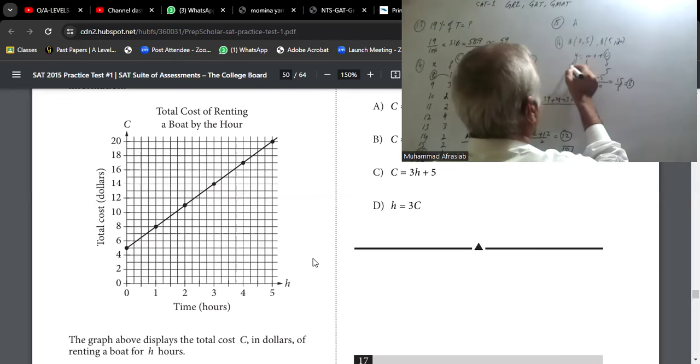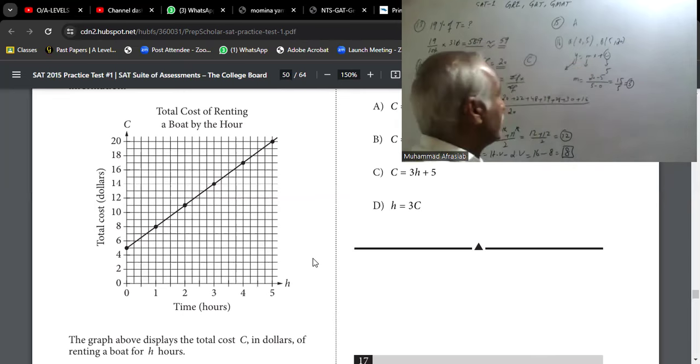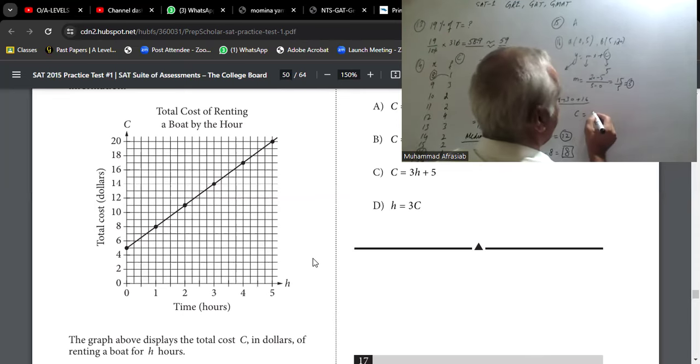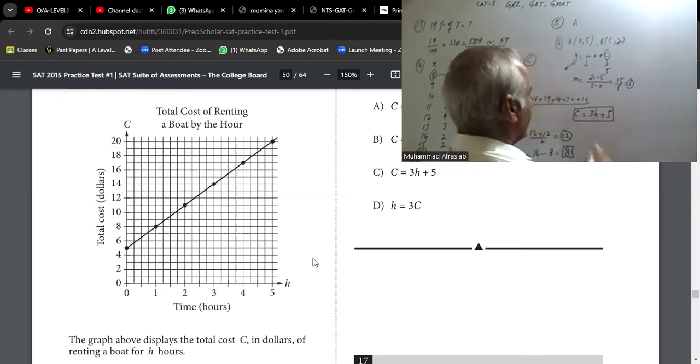So y is represented by C, m is represented by 3, and x is represented by H, plus 5. So C = 3H + 5.